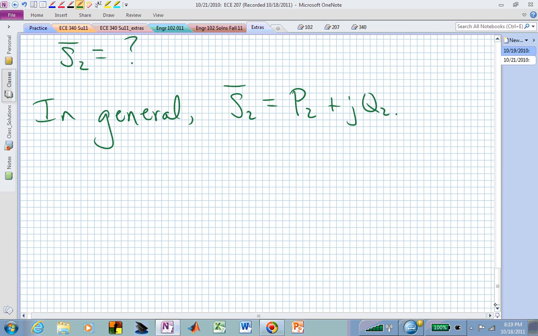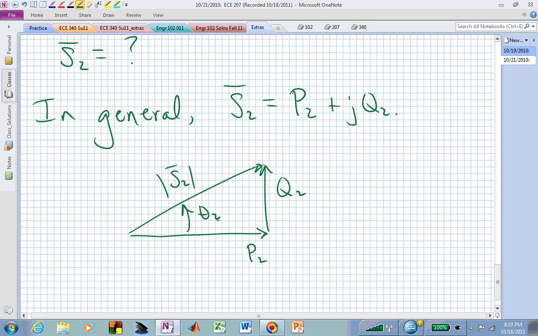Again, we can think of this triangle as being some real part P sub 2, some imaginary part Q sub 2, and the apparent power S sub 2 at a given angle theta sub 2.